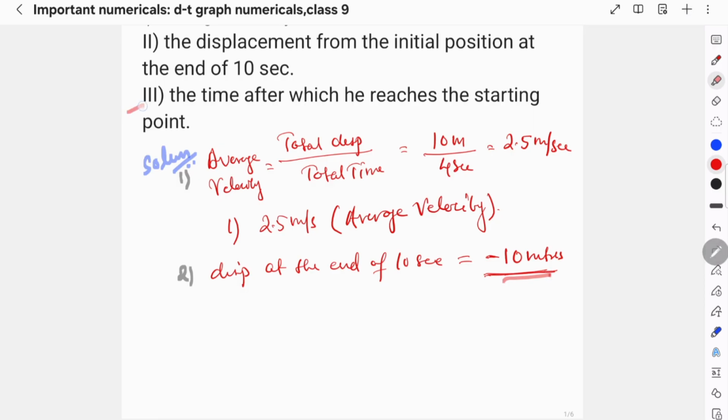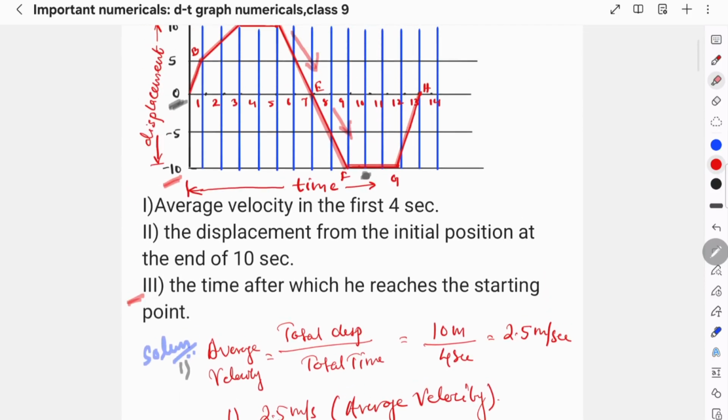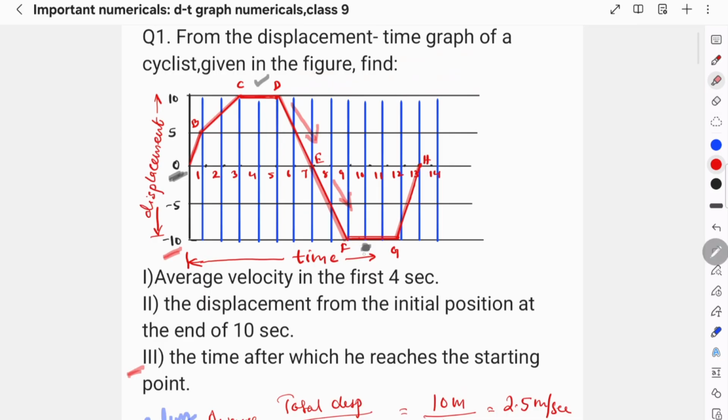Now the third part is asking the time after which he reaches the starting point. So now he is at minus 10 meters here. Now after 9 seconds he has again started to travel towards the initial position from where he had started.